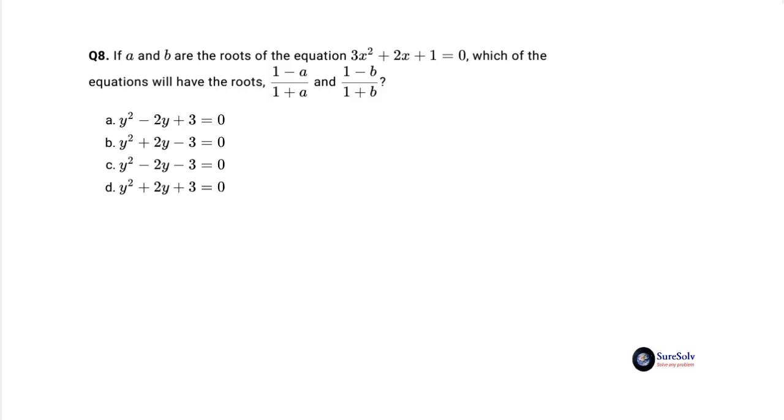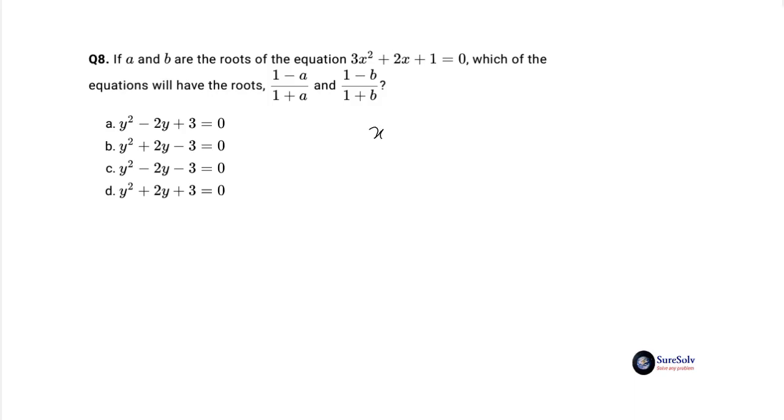To solve this question, you have to use relations of sum and product of two roots of a quadratic equation. Let's say C and D are the two roots of a general quadratic equation, x squared minus px plus q equal to x minus c multiplied by x minus d equal to 0, or x squared minus (c plus d) multiplied by x plus cd equal to 0.